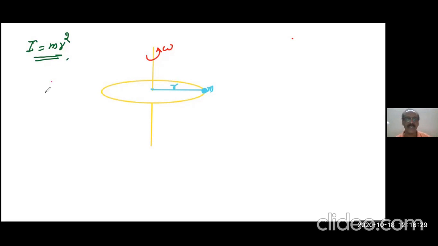Then moment of inertia can be written as I equals m r squared.